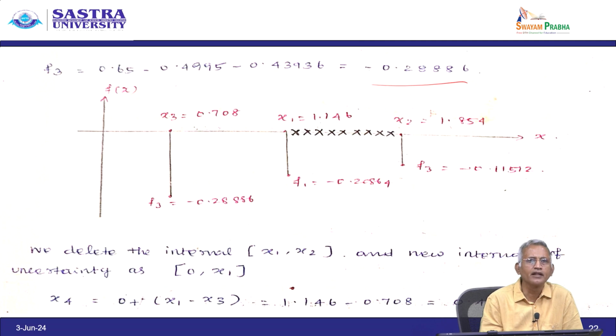So, we have F3, x3, x1, x2, and put them in the graph. The maximum value is 3, x3 is 0.708, x1 equal to 1.146, x2 equal to 1.854, the corresponding f3 equal to minus 0.2886, f1 equal to minus 0.20864, and f2 equal to minus 0.1151.